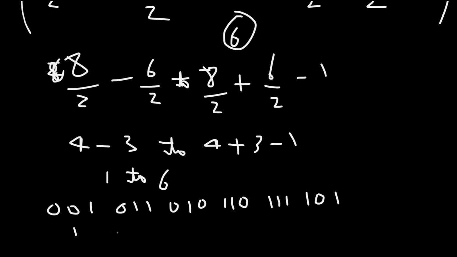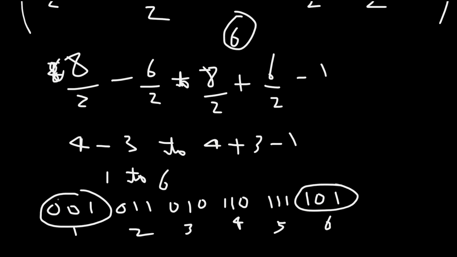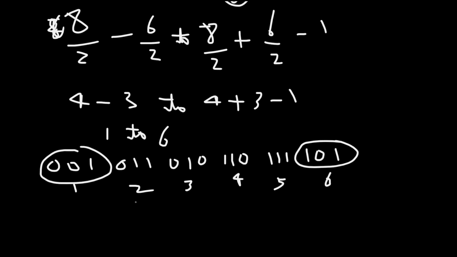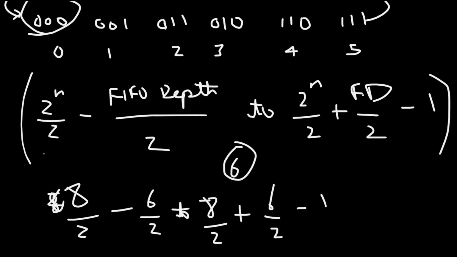So we are going from 1, 2, 3, 4, 5, 6 here. Now we see that we just have a distance of 1 compared to the earlier case. So we will be starting with 1 instead of 0. This will resolve the problem that we were facing earlier. I guess you would have understood clearly now. Using this formula, you will be able to use a non-power of 2 depth for asynchronous FIFOs.